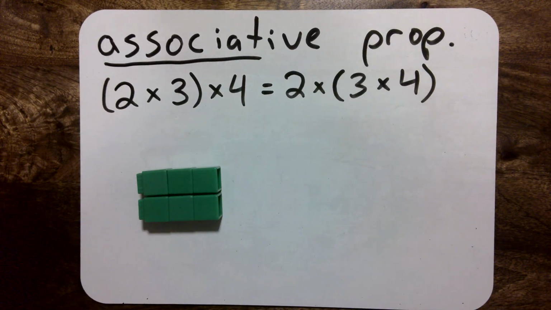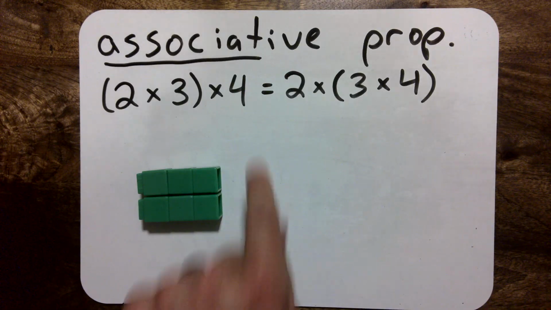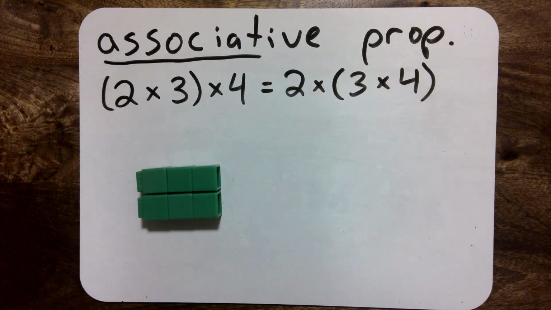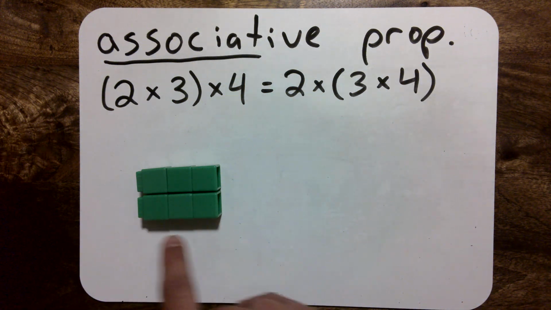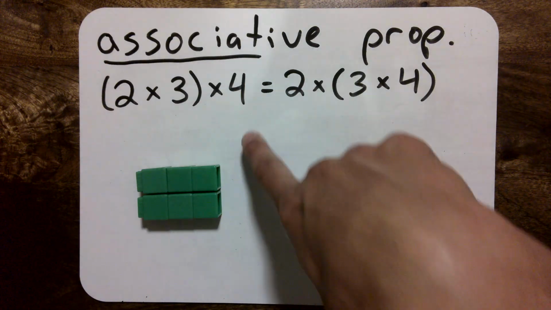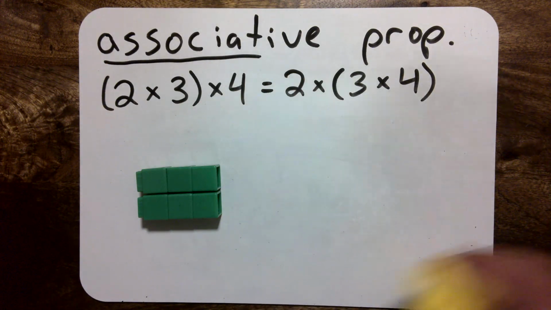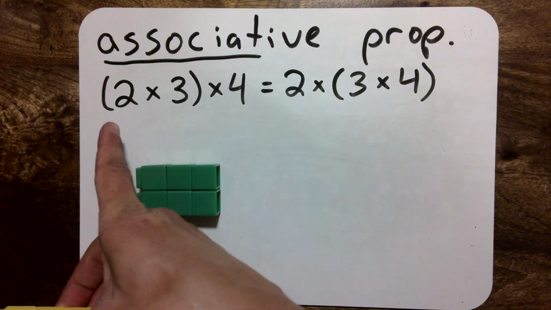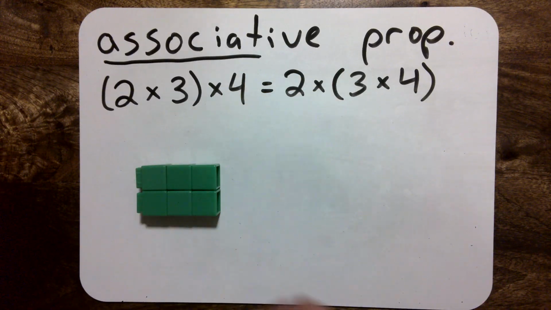So 2 rows of 3, so that's the area of our base. And then that other multiplier, whatever is outside the grouping symbol, is going to be the height. Or in the context of volume, right? So this is the area of our base. The height, we can also think of as multiple layers. Right? So this is one layer of 2 times 3, 2 groups of 3.